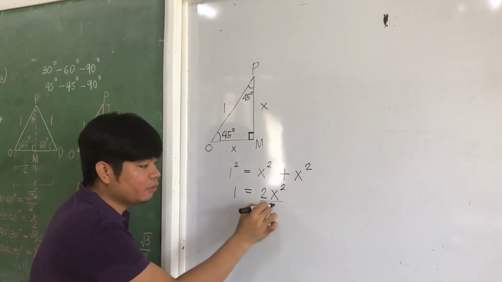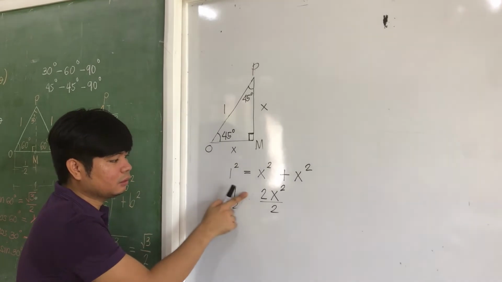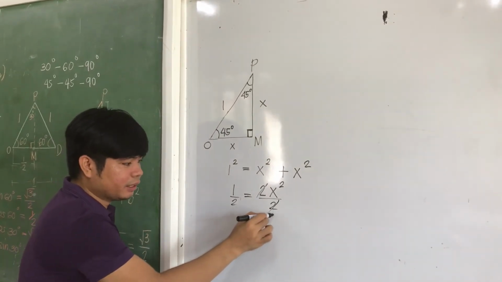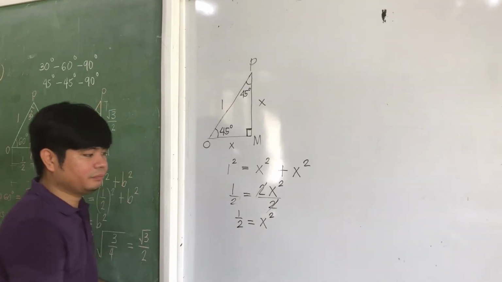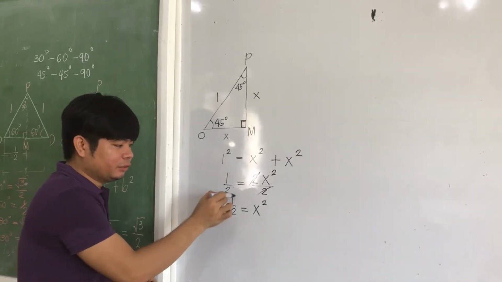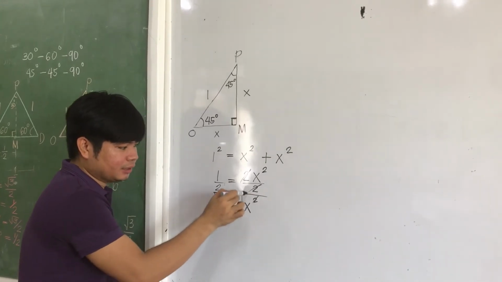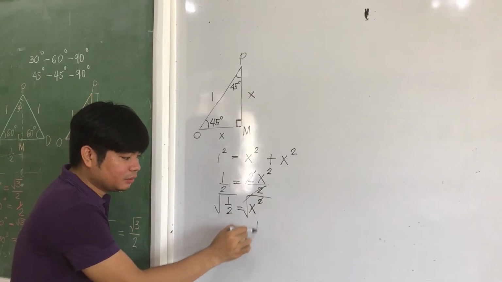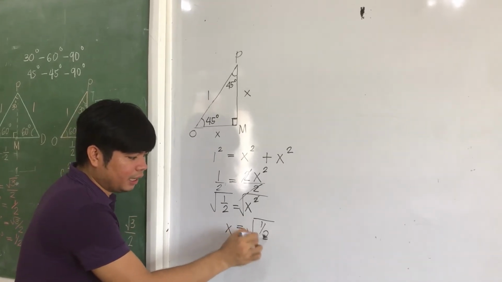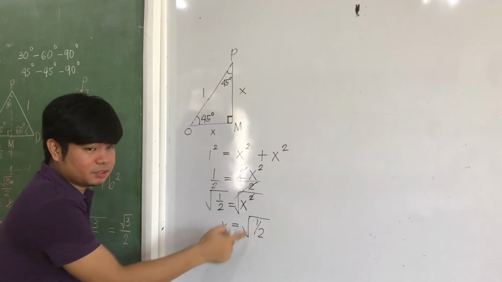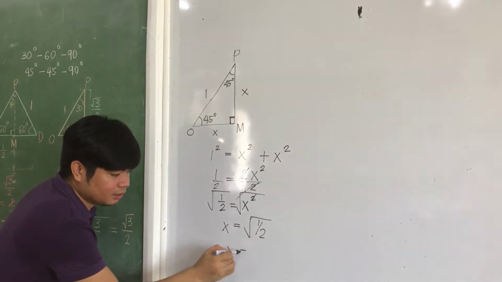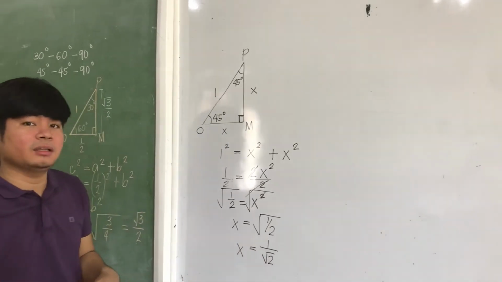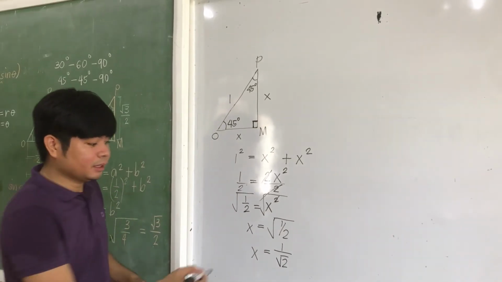Okay? Divide both sides by 2. We now have x squared is equal to 1/2. Get the square root of both sides, so we can cancel out the square there. Okay? So x is equal to the square root of 1/2. And 1 is a perfect square number, so we have x is equal to 1 over square root of 2, following the rule of radical numbers or the rule of exponents.